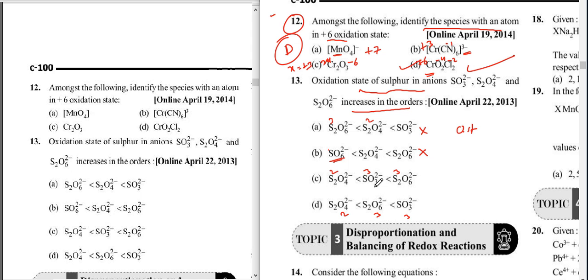So SO3 2 minus, here x -6 equal to -2, that equals x equal to 4. X equal 4 in case of SO3 2 minus.